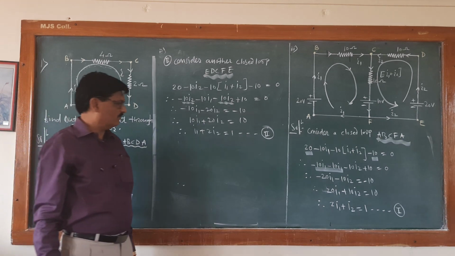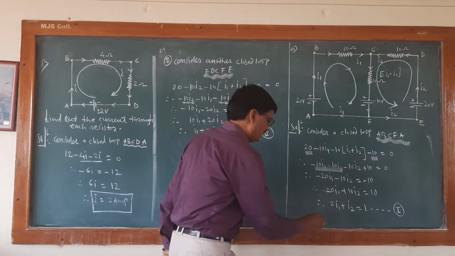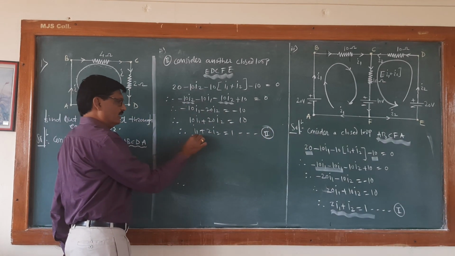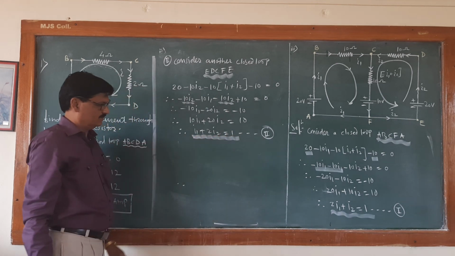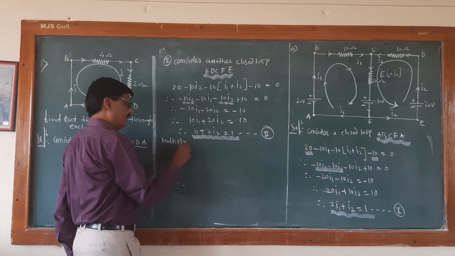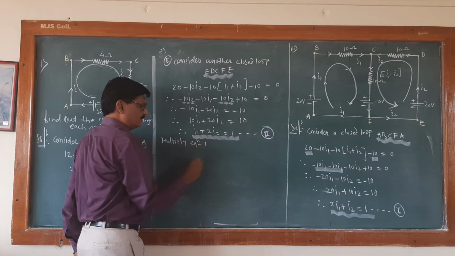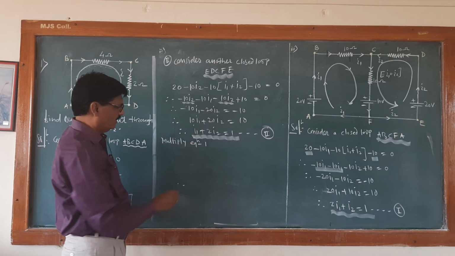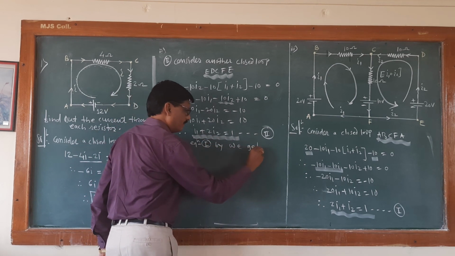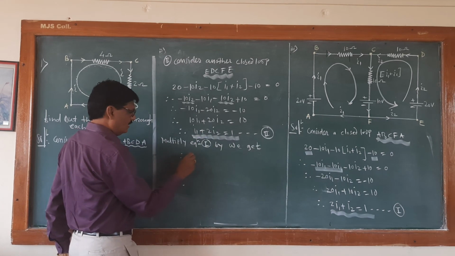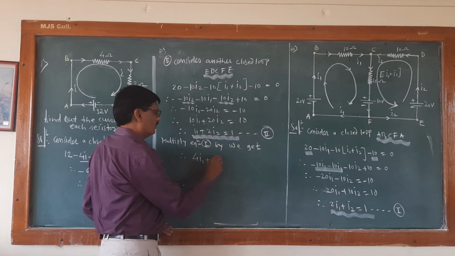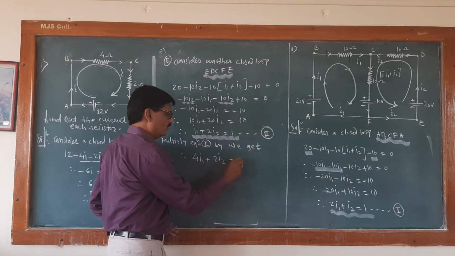If you compare equation number first and equation number second, equation number first is 2 times I1 plus I2 is equal to 1, and equation number second is I1 plus 2 times I2 is equal to 1. Multiply equation first by 2, we get therefore 4 times I1 plus 2 times I2 is equal to 2.